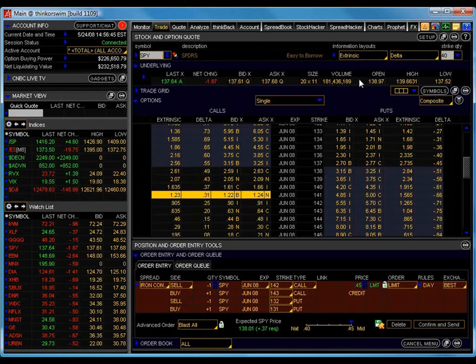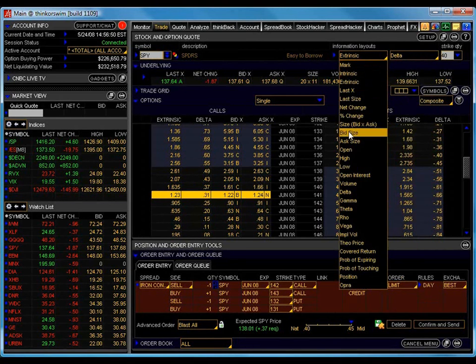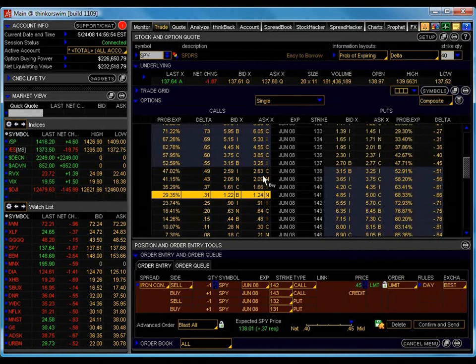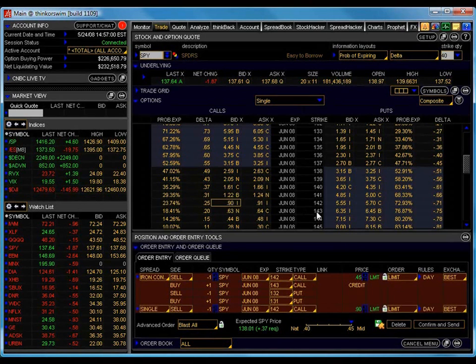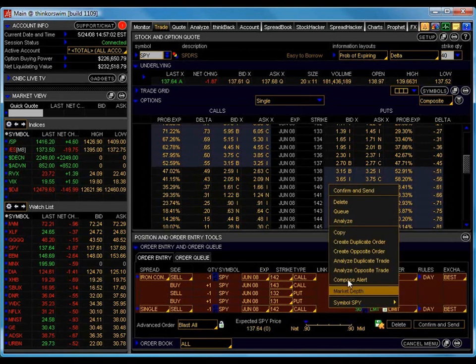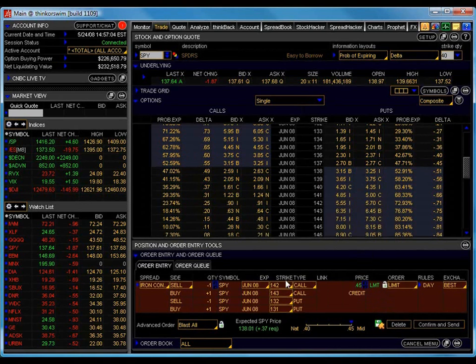In addition, let's keep our delta up there, but also take a look at the probability of expiring. We're doing the 142s here. We're selling the 142s.